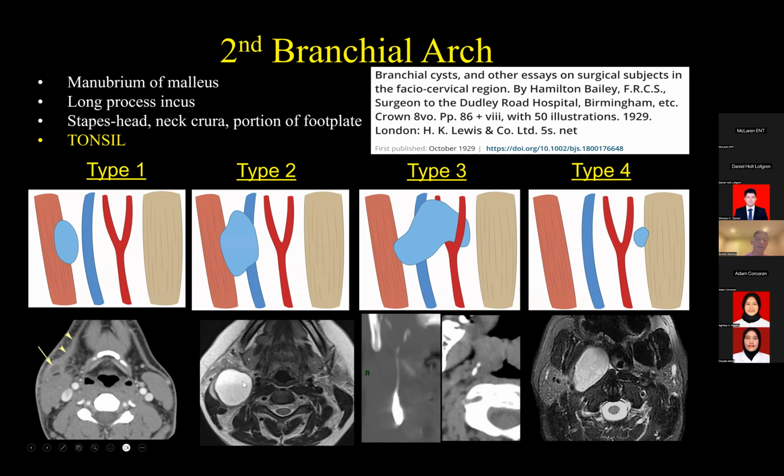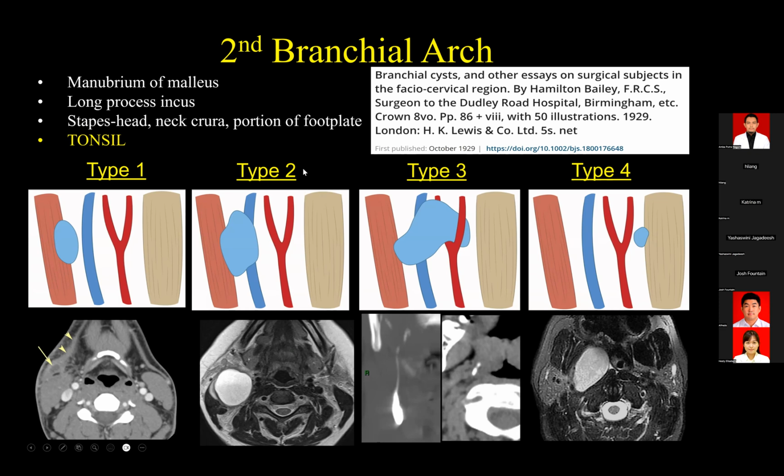So don't fall in the trap of talking about an adult presenting with a type 2 second branchial anomaly. Okay, avoid that. In an adult, you have to think of HPV positive metastatic squamous cell carcinoma.